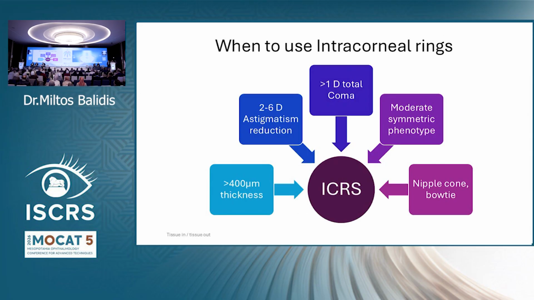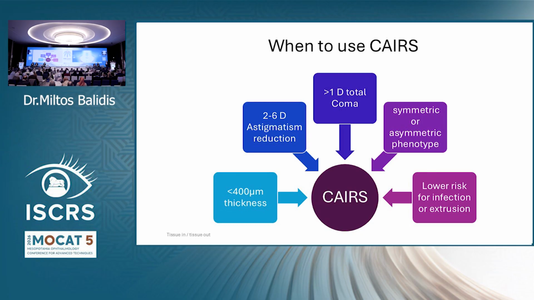When we have thinner corneas, higher astigmatism, higher coma than 1 diopter, and an advantage is to have a symmetric phenotype, so that will help the ring work better. Symmetric phenotypes like nipple cone, bow tie. When are we using CAIRS? When the cornea is thinner and you still have high astigmatism, coma more than 1 diopter, an asymmetric phenotype, and in cases where you have a low risk for infection or extrusion.